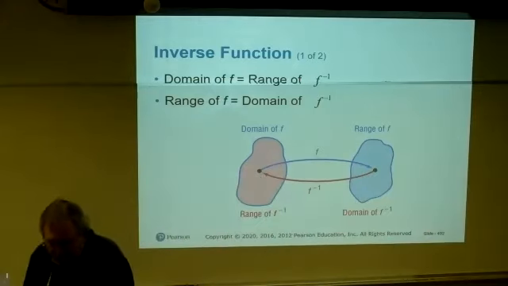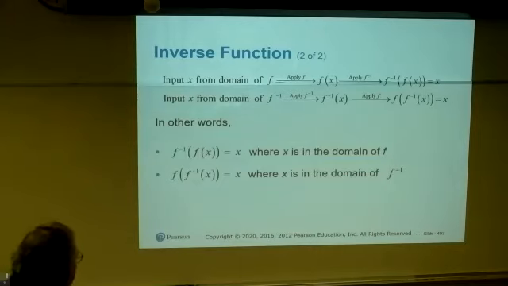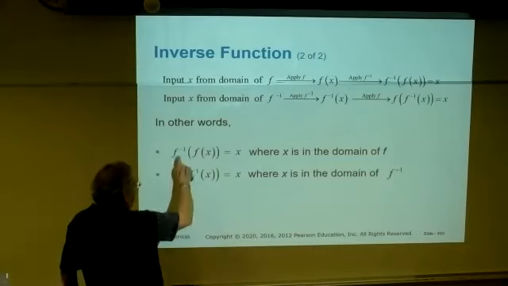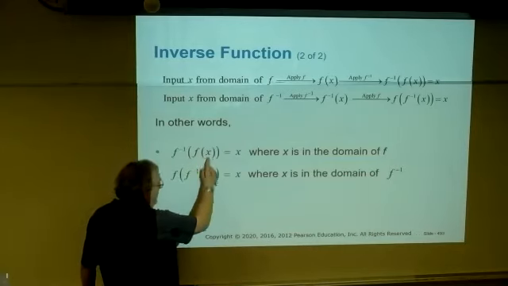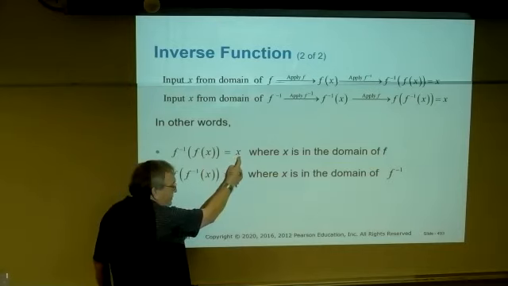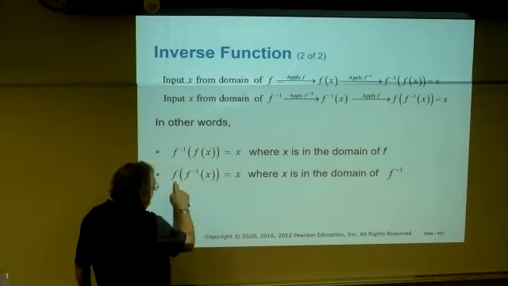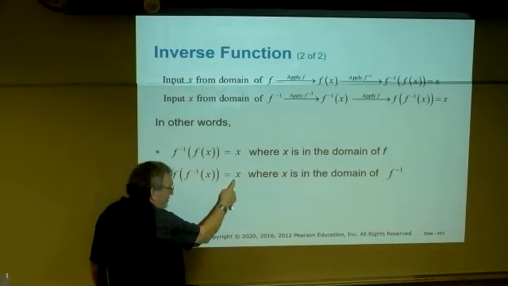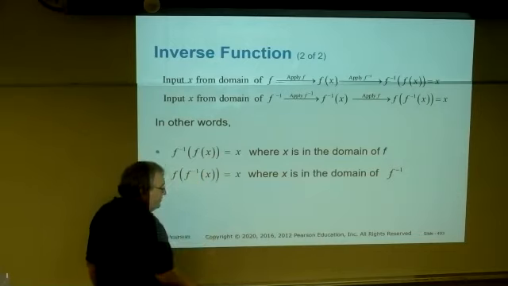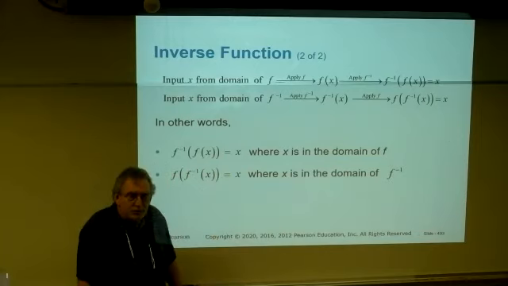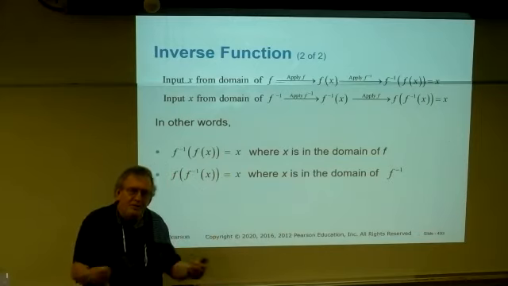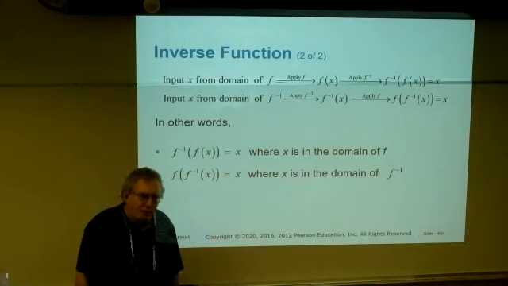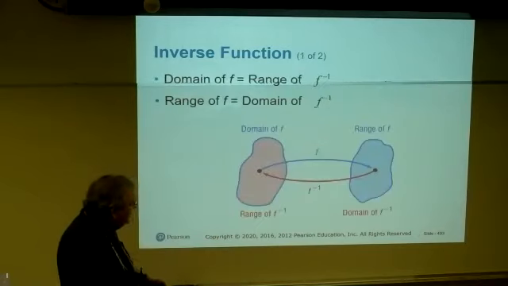And that's what happens with inverses when you compose them. If I do f inverse on the f of x, I will wind up at x. If I do f of f inverse of x, I wind up at x. So they undo each other. You end up just like this slide over here.